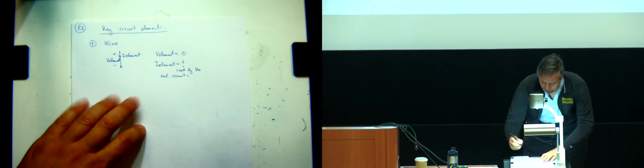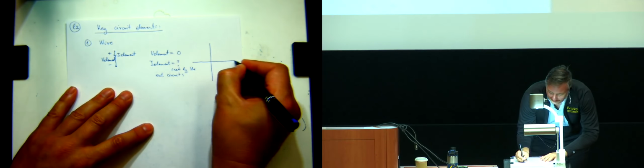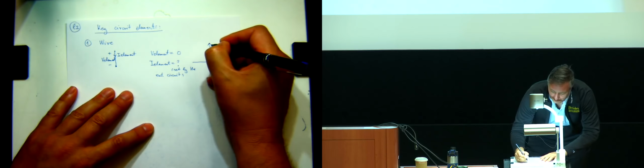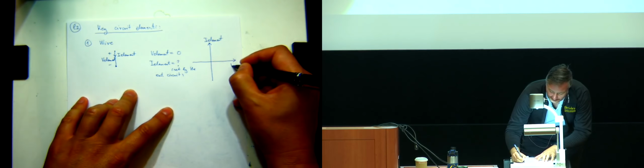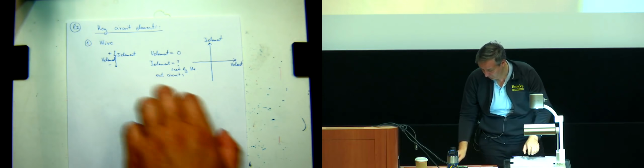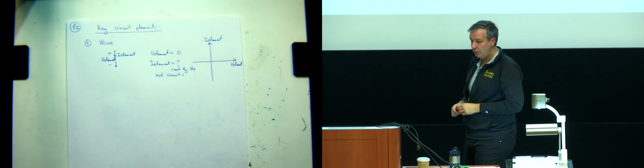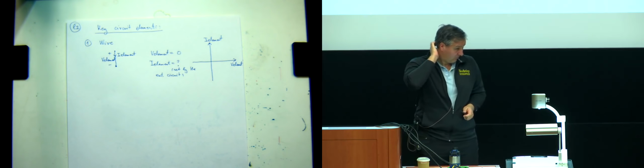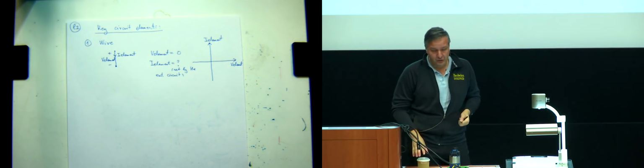Okay. So for every element, we'll draw a little graph with I element and V element. And on this graph, what does the line look like? How can I represent the relationship between voltage and current?